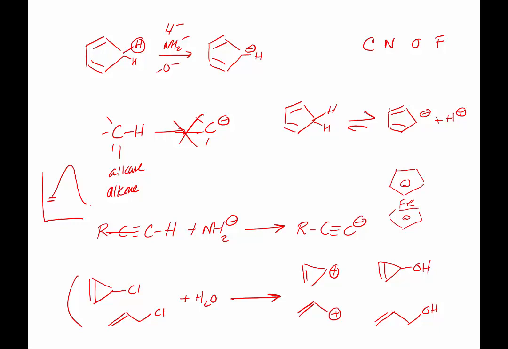So there are limits to Hammond's postulate. And one of the limits is that we always start with molecules of the same energy. If they're different, I can't do that. So that's one of the fundamental misuses of Hammond's postulate, which I probably just did there. But nobody cares because it's time to go.